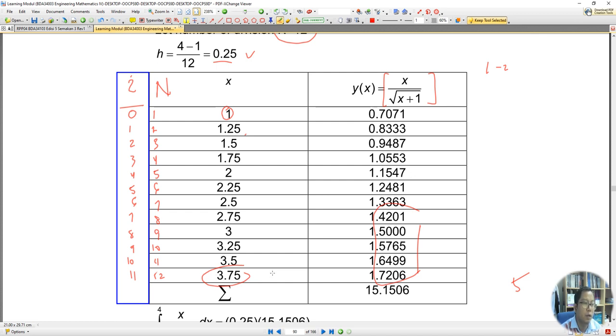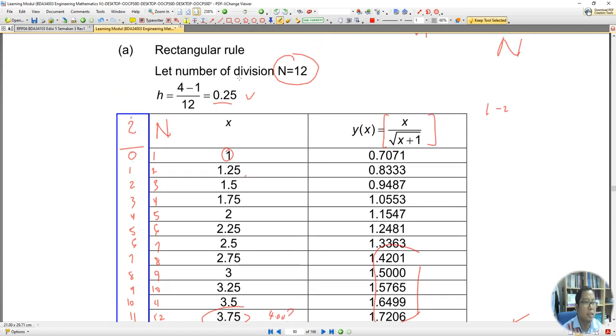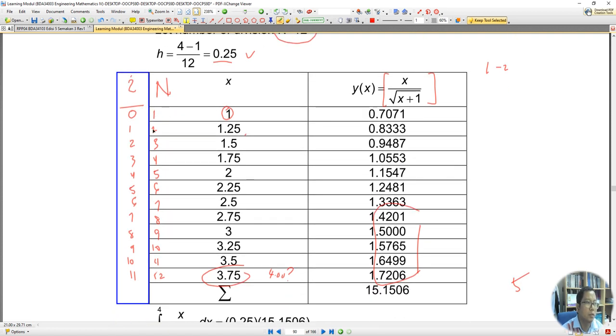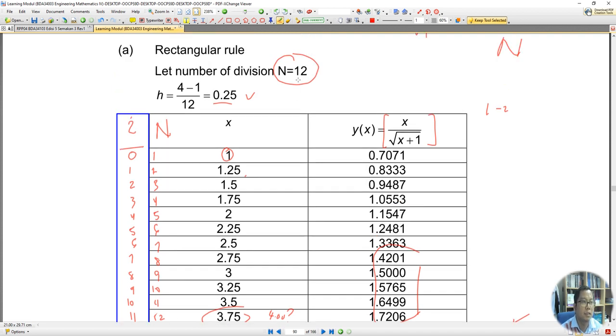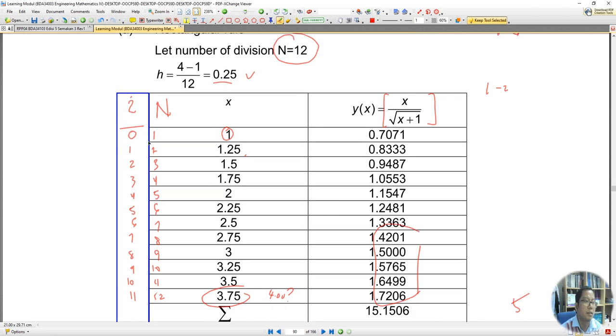Why until 3.75? Why not until 4? Again, the number is 12. We start here: 1, 2, 3, 4, 5, 6, 7, 8, 9, 10, 11 and 12, the same as the given value here.